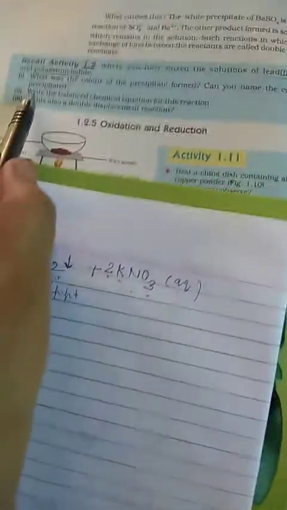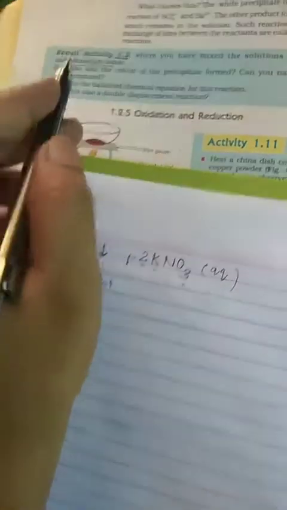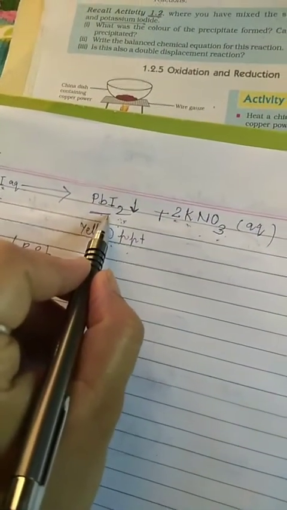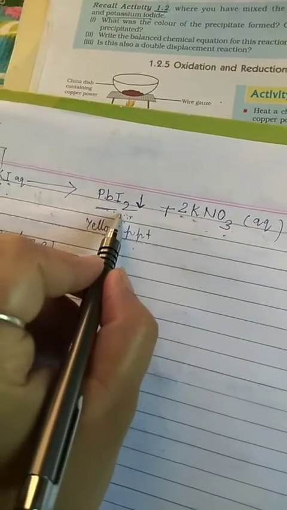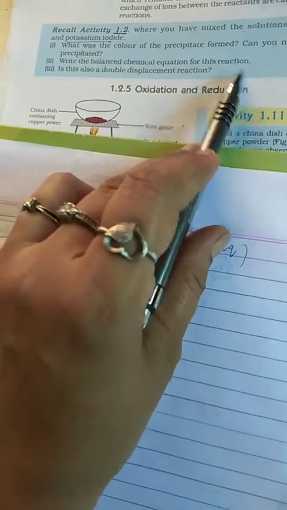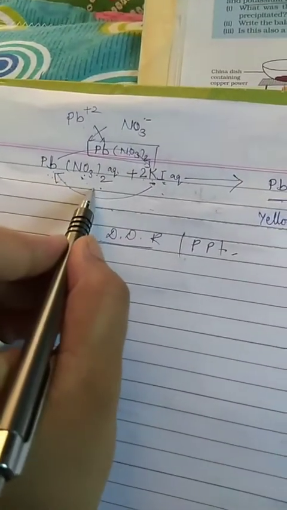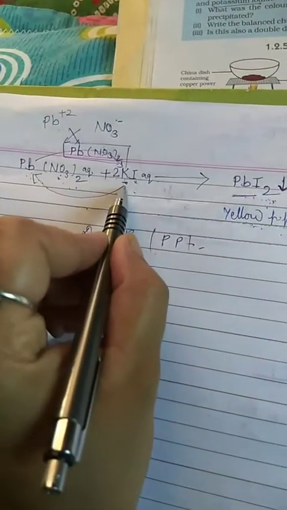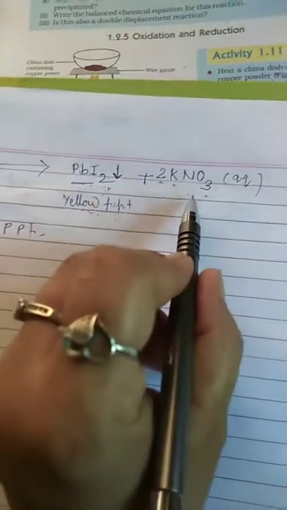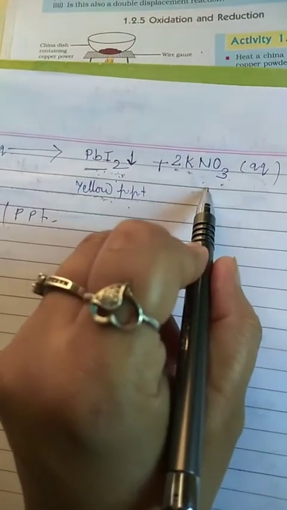Can you name the precipitate compound? Yes, it is lead iodide, PbI2. Write the balanced chemical equation: lead nitrate reacts with potassium iodide and forms lead iodide and potassium nitrate.